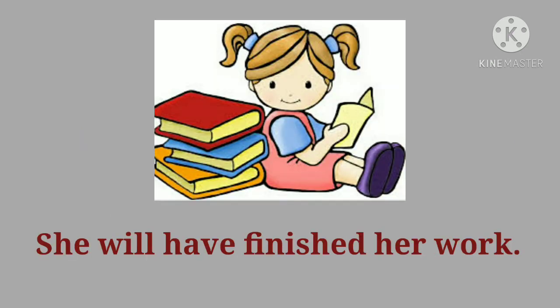So let us see the examples. She will have finished her work. She is our subject, which is singular, and after that, since it is a future sentence, we add will. For future perfect, we add have after will. Finished is verb 3. So our sentence is, she will have finished her work.